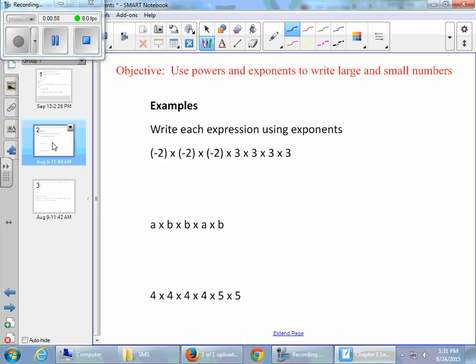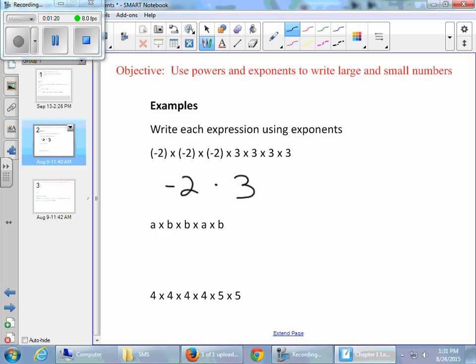So we have -2 times -2 times -2 times 3 times 3 times 3 times 3. So what we want to look at is our base. Our base is our repeated number. So our base on the first side is -2. And we're going to multiply that times our base over here, which is 3.